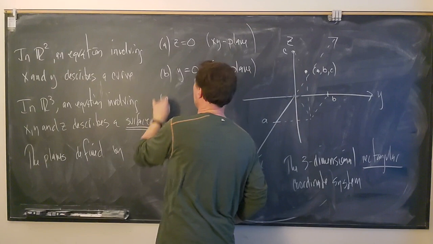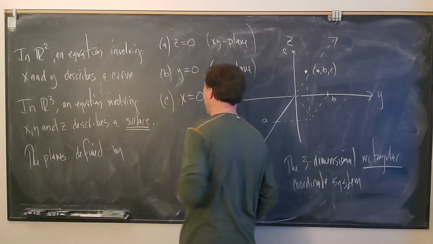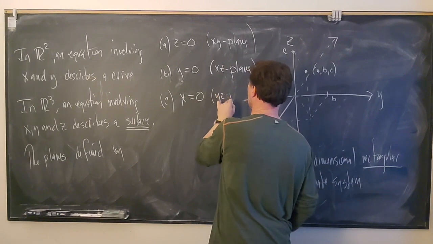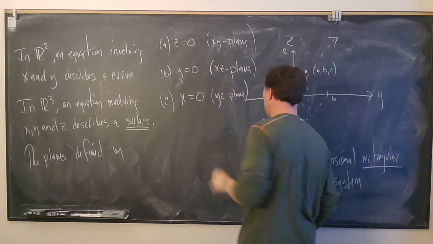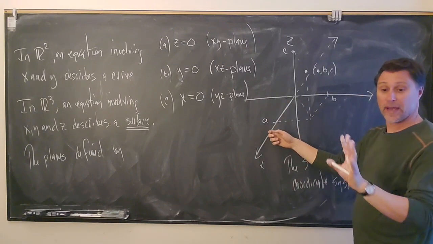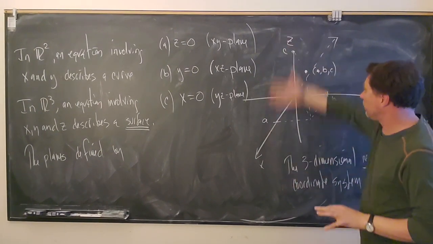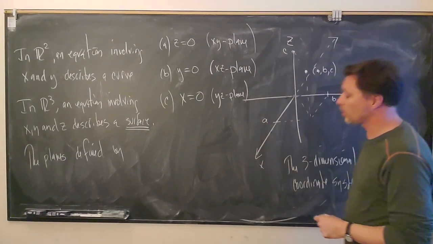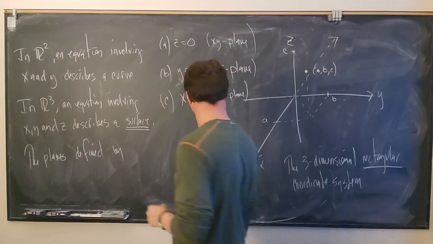And then there's also x equals 0. This is known obviously as the yz plane. Which one would that be? Well, now we're requiring x to be equal to 0, where y and z can be whatever they want. That would be the plane that is actually the chalkboard itself. So those are known as the coordinate planes.